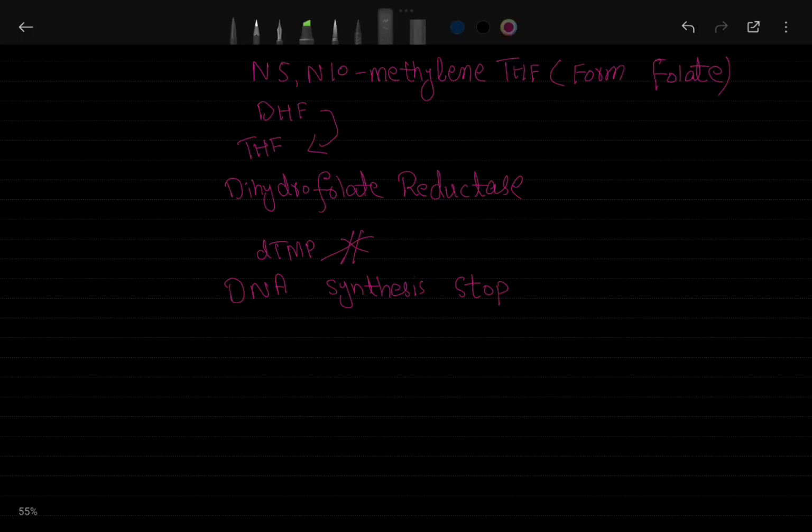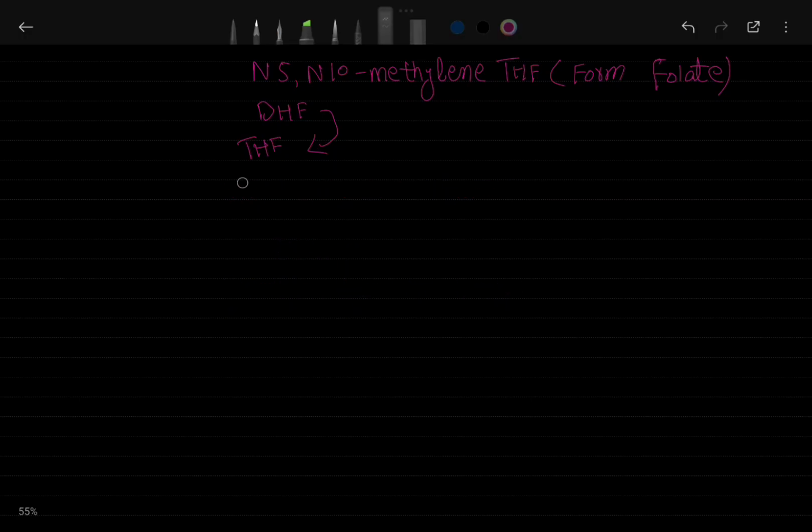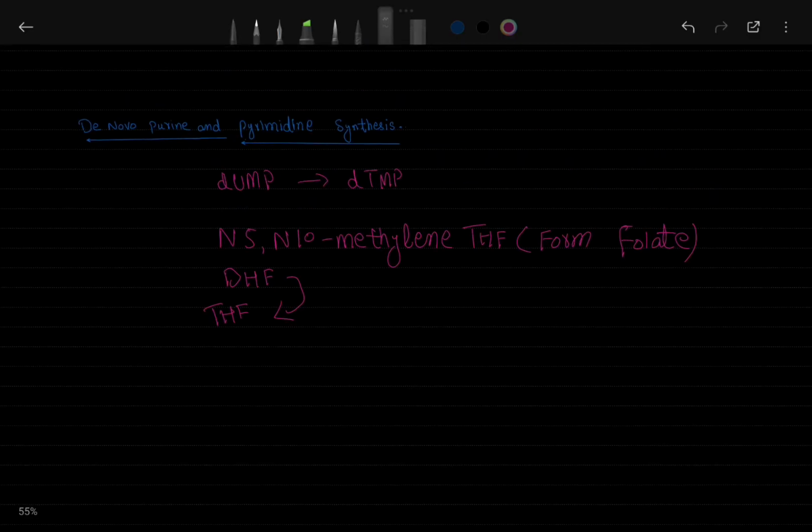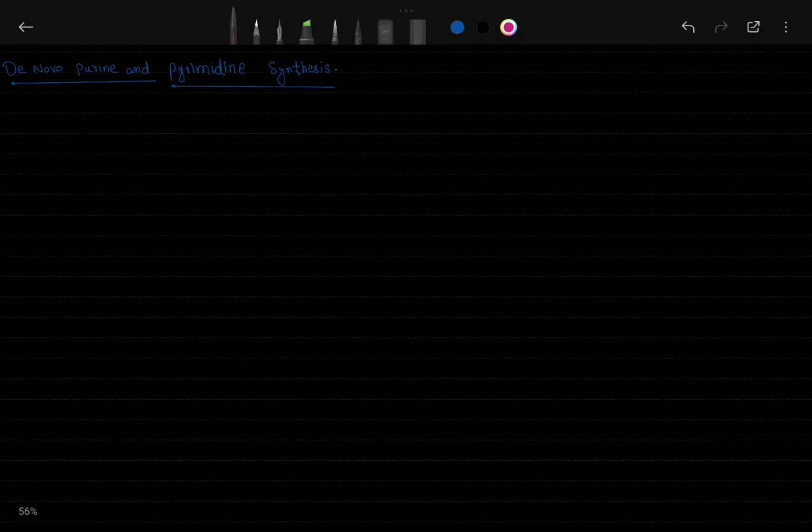This was pyrimidine synthesis. Now we will study a summary of drug classes.